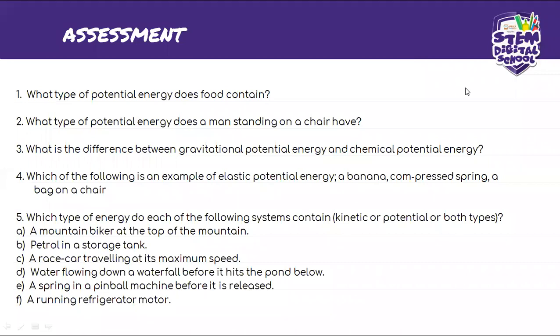It says, what is the difference between gravitational potential energy and chemical potential energy? So remember, you are supposed to give some differences.